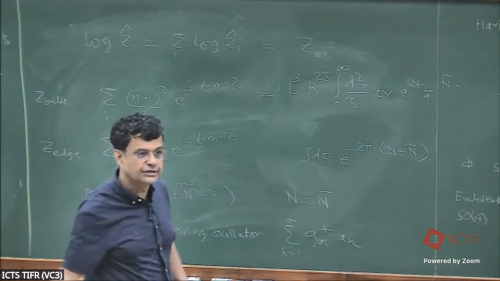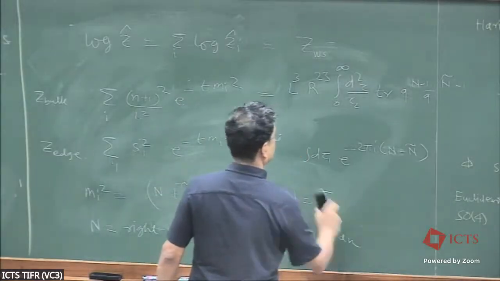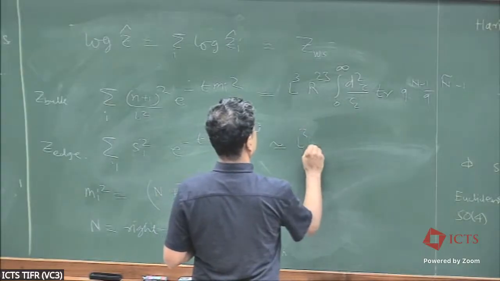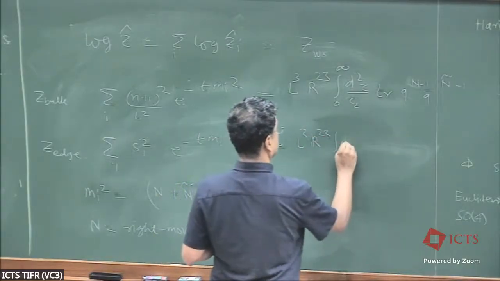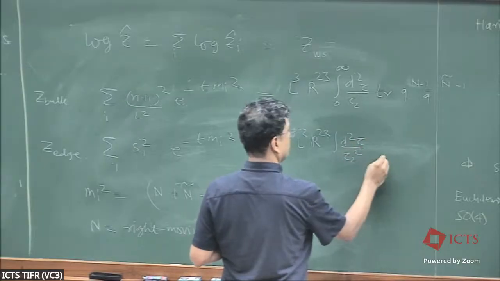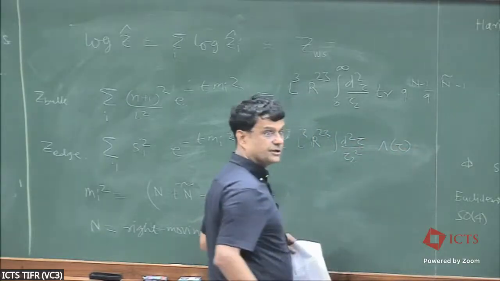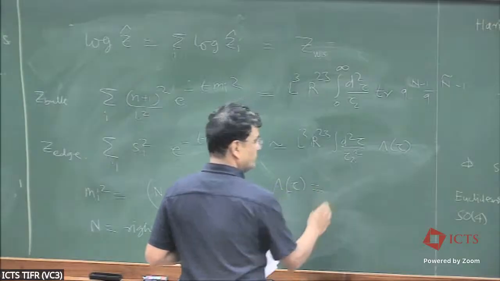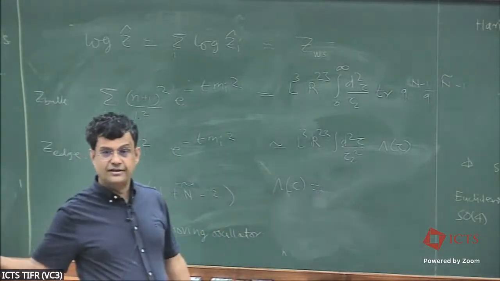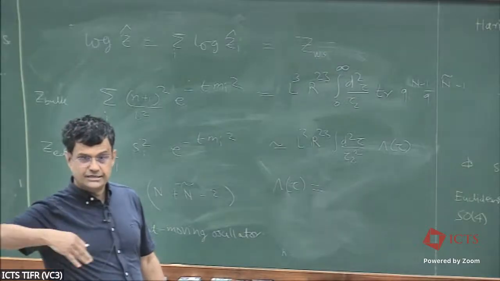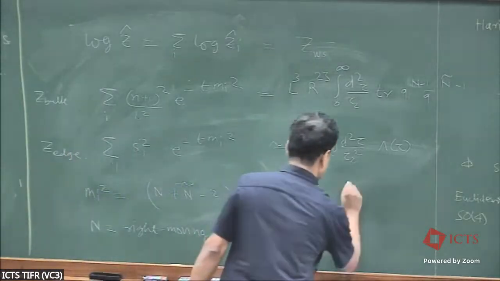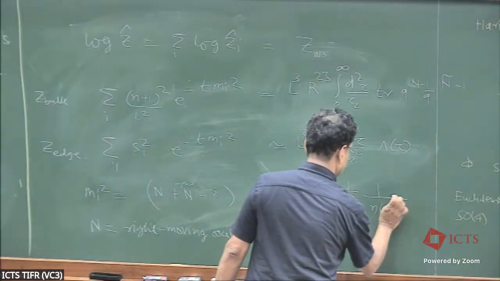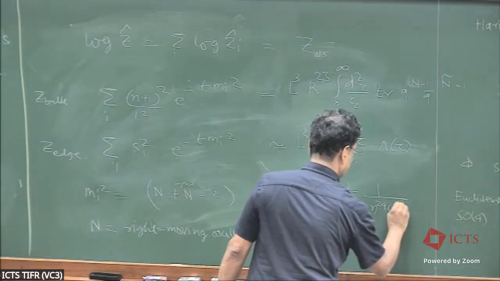And when you sum over the bosonic string modes, it works out nicely, not surprisingly, and you will get something like L cube r to the 23 d tau squared over tau 2 squared times lambda of tau, which is the cosmological constant density of flat space. And lambda of tau, if you remember, because you have 24 light cone oscillations of the string, you will get this tau 2 to the 12 factor, and you will get eta of tau, eta to the 24, squared.